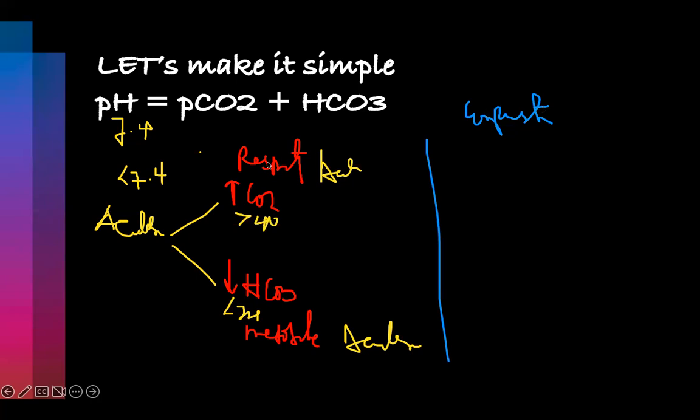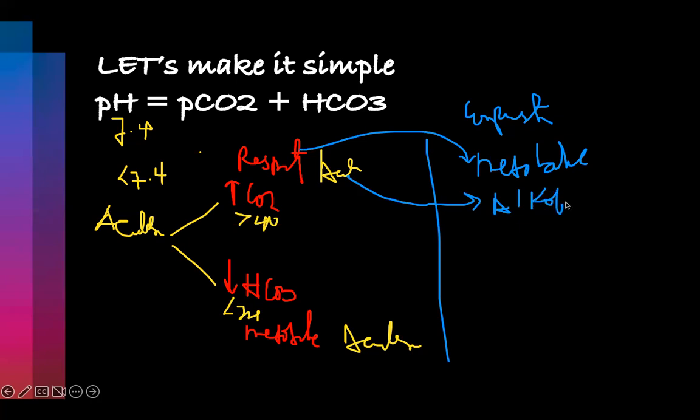So what problem do we have? We have respiratory acidosis. So this respiratory becomes what? Metabolic. And we have acidosis, it should be the opposite. It should be what? Alkalosis. You just flip them. That is the easiest way.